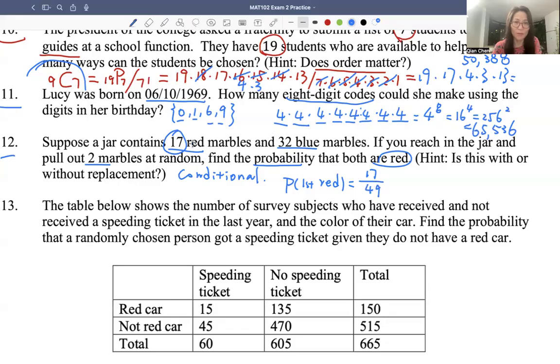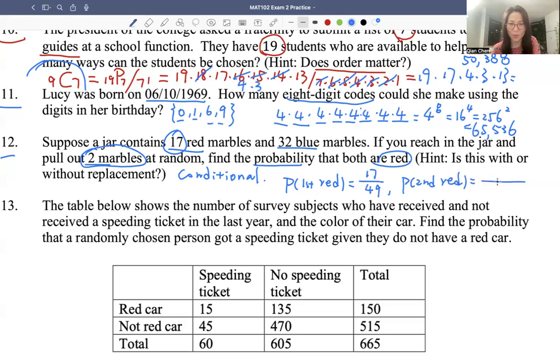So we have 49 marbles in the bag. And because 17 of them are red, the probability of getting the first one red is 17 out of 49. Because we pull out 2 marbles, right?